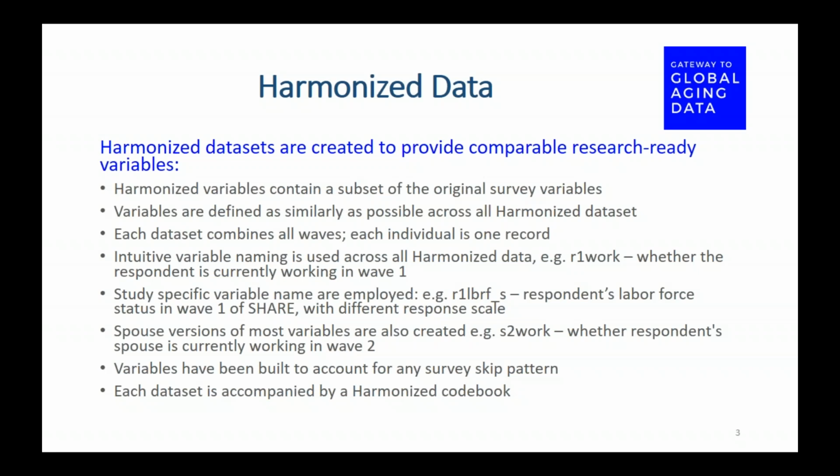There's something different about this variable than the LBRF variable, that labor force variable in the harmonized HRS, the data from the US, or the harmonized ELSA, which is the data from England.